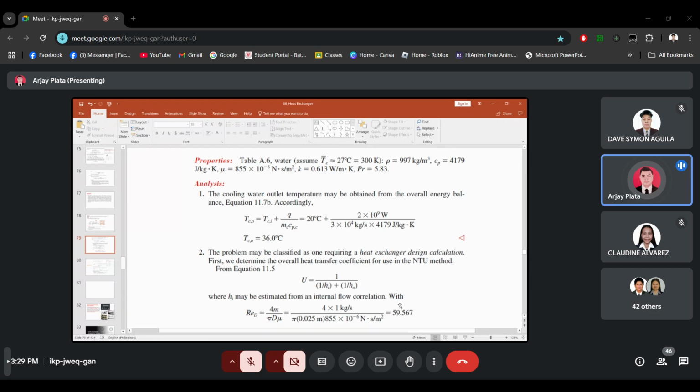Do you think this is laminar or turbulent?